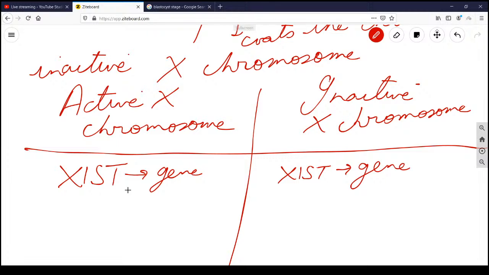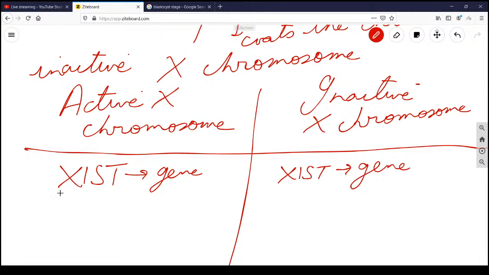For the active one, you don't need the XIST RNA to be produced. You don't want the RNA polymerase to bind to the promoter of the XIST gene. So what the cell will do is randomly choose, though research is still going on about which of the two X chromosomes is chosen and why.